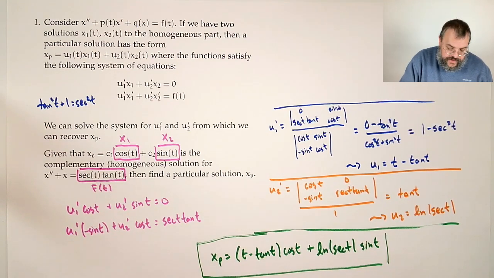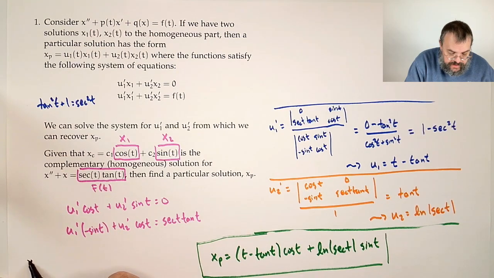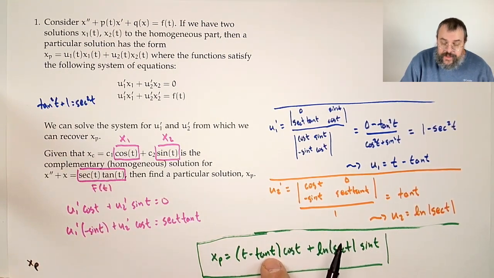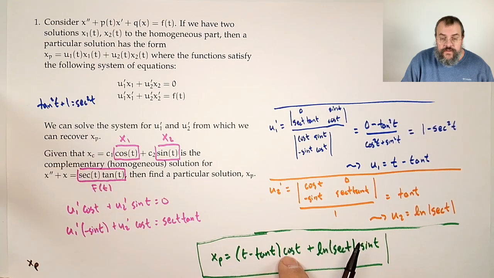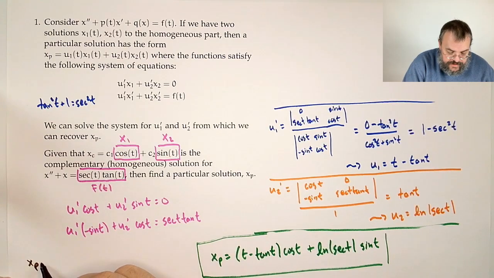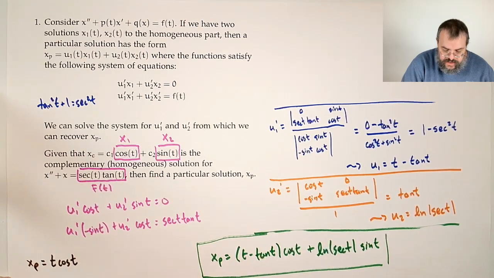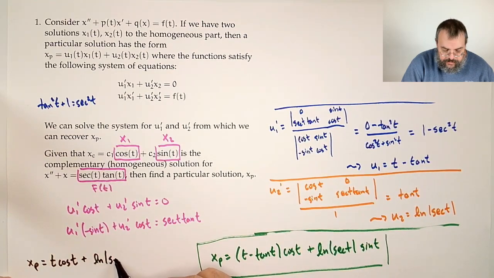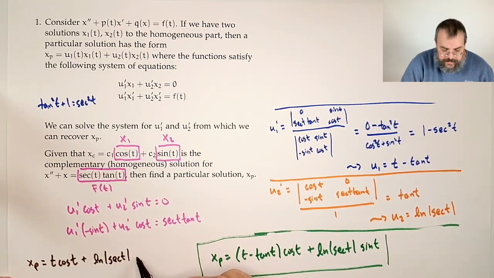Another correct answer we could say is, well, since cosine times tangent is part of the homogeneous solution, we can just absorb that into the homogeneous part of the solution. In other words, it's really redundant for the particular solution. So we could say it's t cosine t plus the natural log of secant t times sine of t.